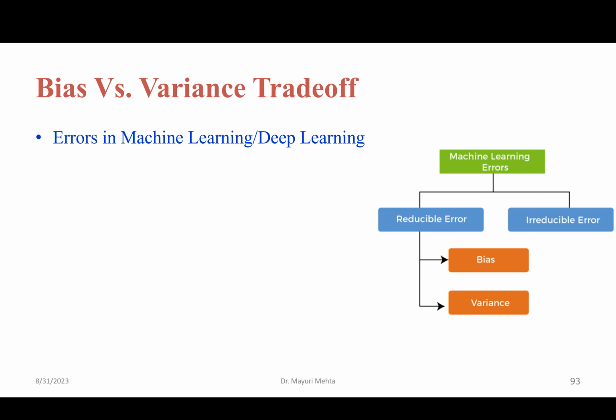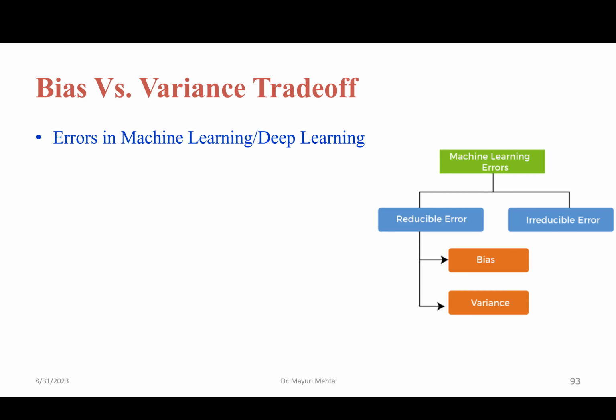Irreducible errors will always be present in your model and cannot be reduced. Similarly, deep learning models have reducible and irreducible errors. Regardless of which algorithm has been used, these errors will be present in the model. The cause of these errors is unknown variables whose value cannot be reduced.